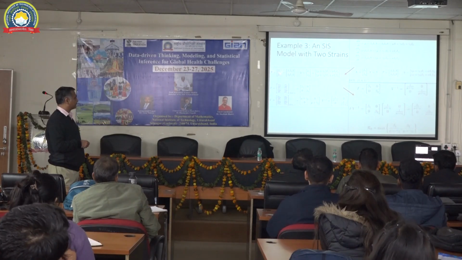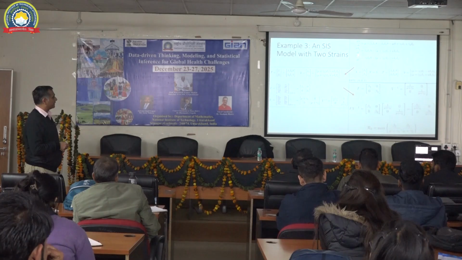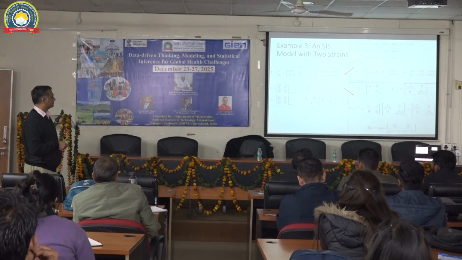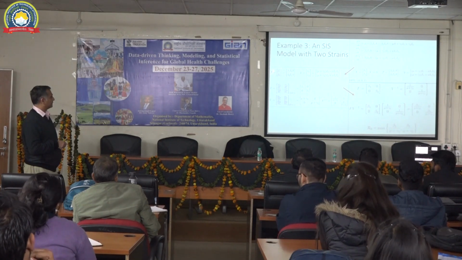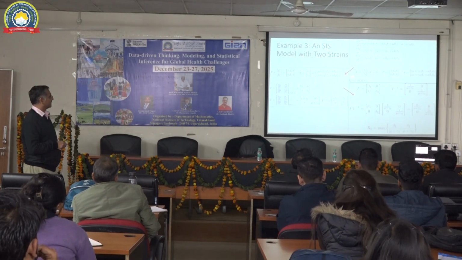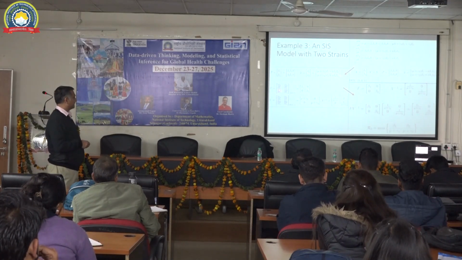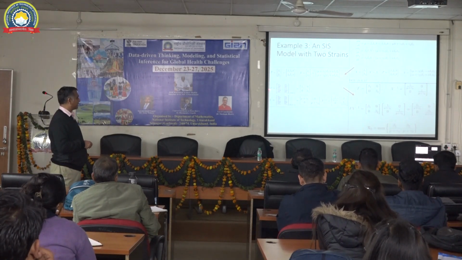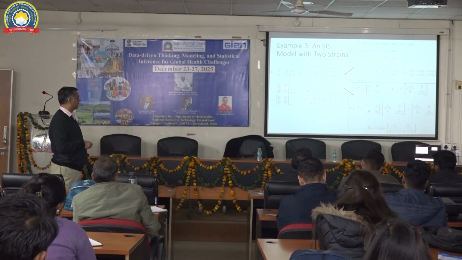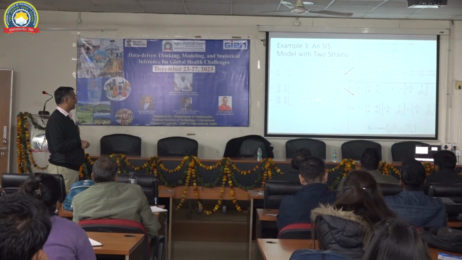So same thing, you calculate script F. There are 2 infected compartments, I1 and I2. So this is script F and this is script V. New infection is in script F and all other transitions are in the V matrix. Then you compute at disease-free equilibrium the partial derivative with respect to each of the infected compartments, which is I1 and I2, and that will give you F, and similarly the V matrix.